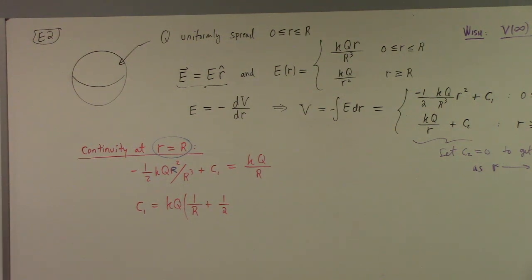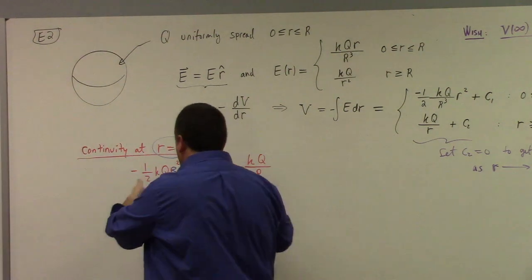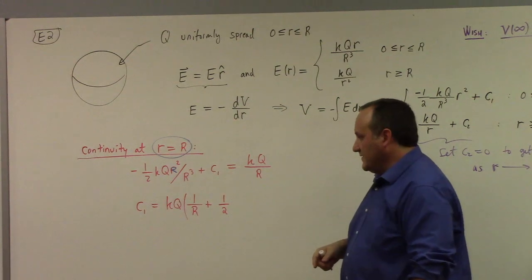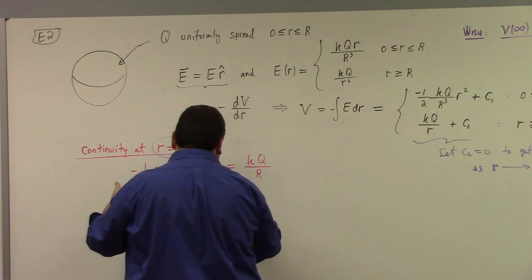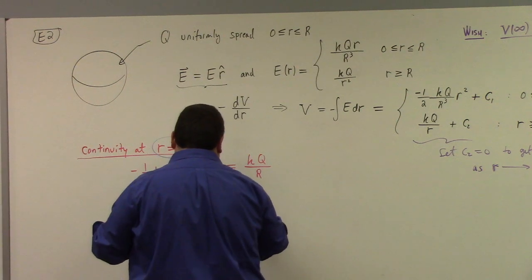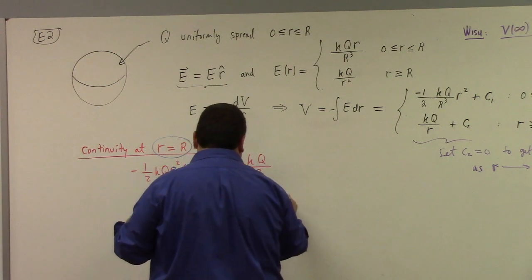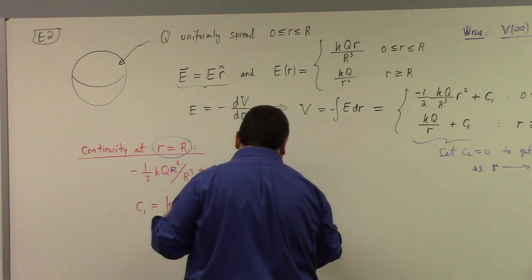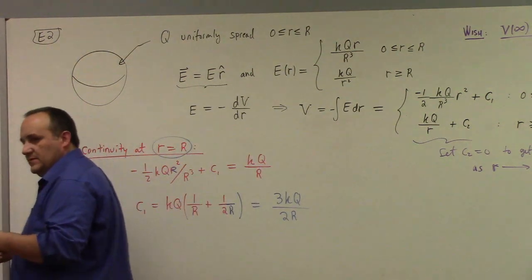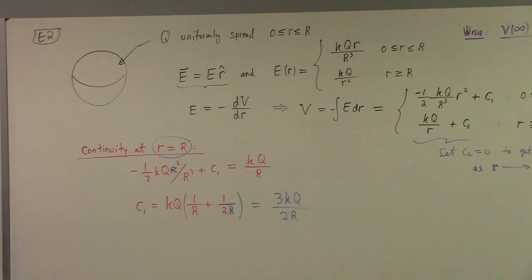It has to dimensionally match up with this other thing, otherwise we couldn't have these terms like that. So anyway, that's plus 1/2 at 1 over 2R is what we get. Or if you like, 3kQ over 2R, I think. Is that right? Or did I somehow mess up the algebra?